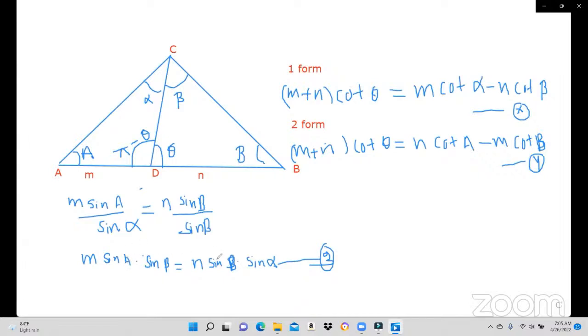We have to omit A and B and get it using alpha and beta, so that you can have this triangle.